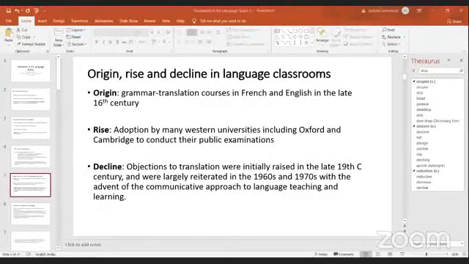So it's in the late 18th century that this grammar translation method started. This method used translation to and from foreign languages of different individual sentences, which were usually specifically constructed to exemplify certain grammatical features of the language to be learned.